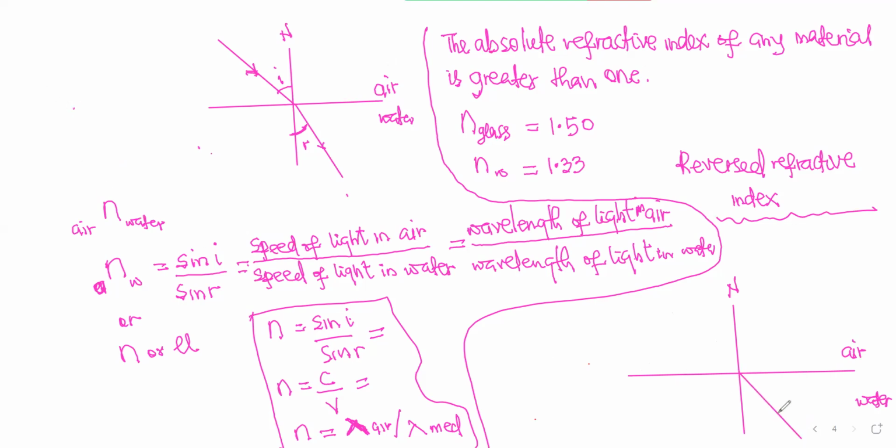So our angle of incidence in the denser medium is R. When the light emerges out of the denser medium and comes into air, how will it bend? Will it bend away from the normal or towards the normal? Away from the normal.